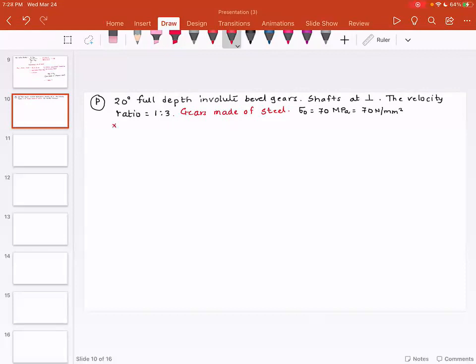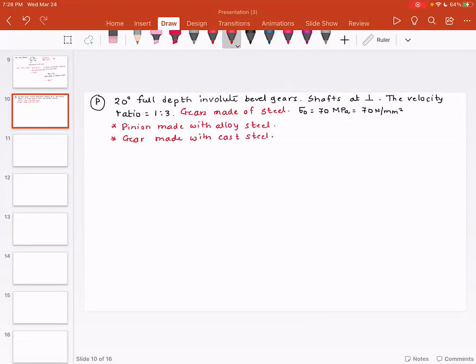So in this problem, pinion made with alloy steel and gear made with cast steel. So this is sort of a tricky problem.